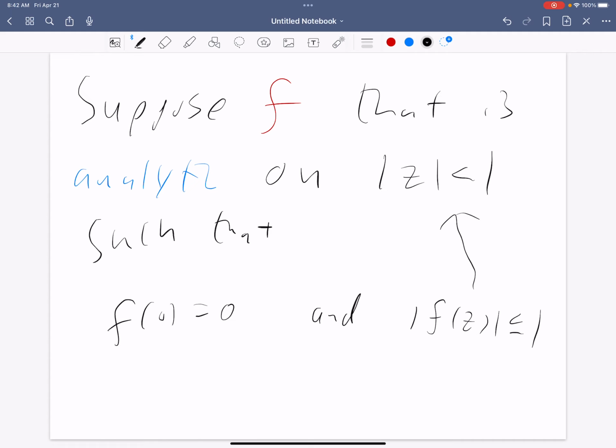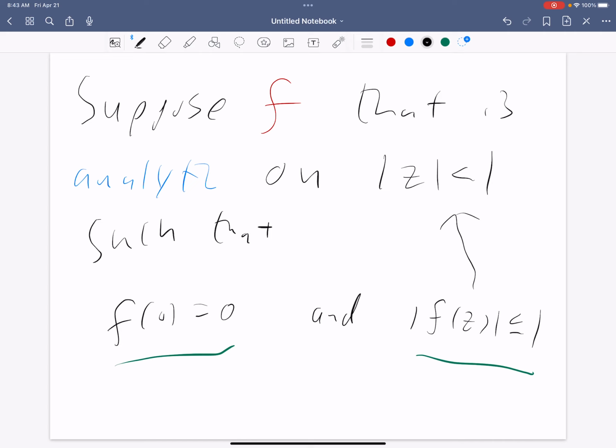You have your function, and we have these two conditions. We have our nice analytic function hanging out on the open unit circle. We know we send 0 to 0, and everywhere in the open unit circle, we are less than 1 in modulus. So let's say you have those conditions.